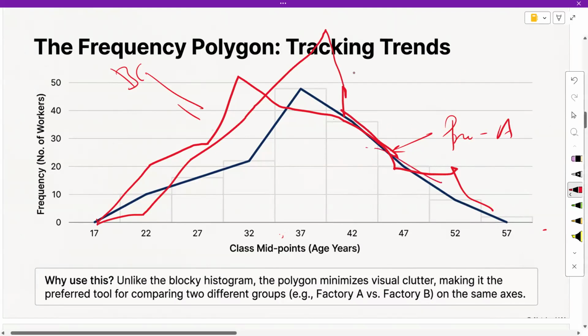So this is product C maybe, or factory C. So in a particular polygon, we can see the distribution. We can compare the distributions of different workforces and different lines.